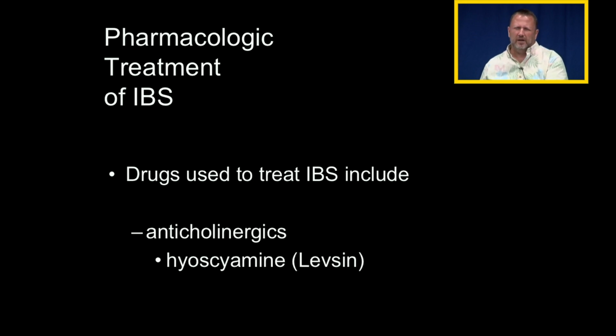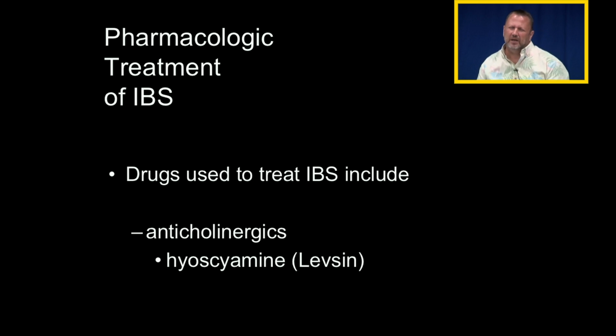All right, one of the things we can use to treat irritable bowel syndrome are the anticholinergic drugs. Remember, acetylcholine stimulates the bowels as part of the parasympathetic nervous system, so using drugs that block acetylcholine can decrease stimulation of the stomach and the gastrointestinal tract and help with irritable bowel syndrome.